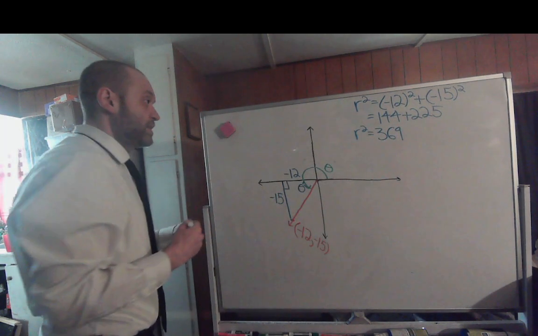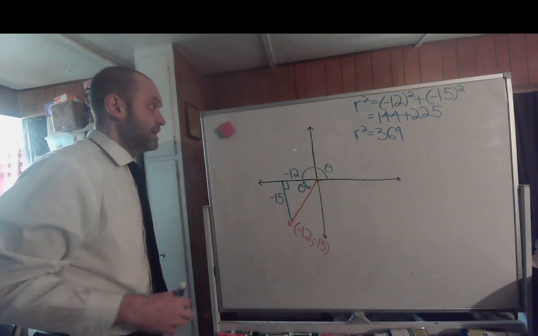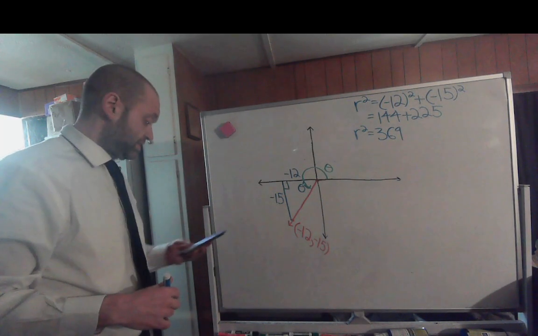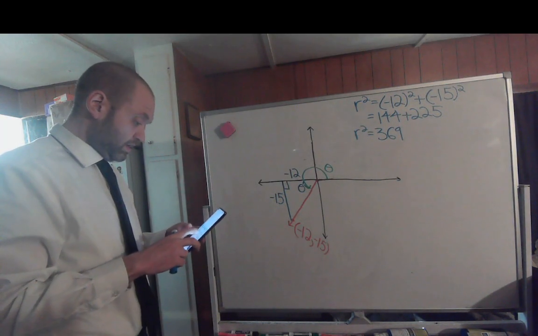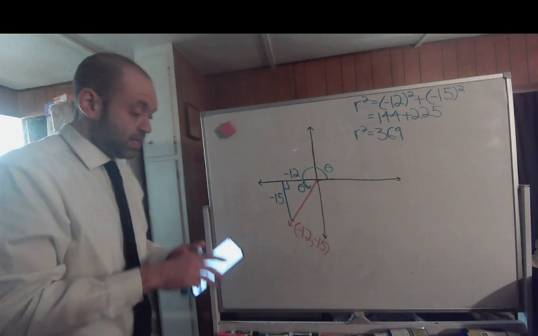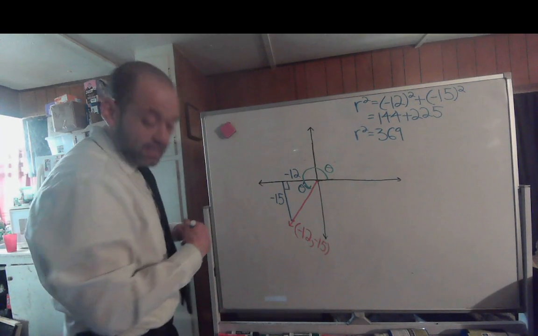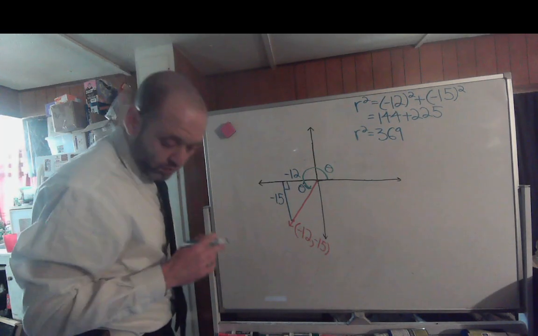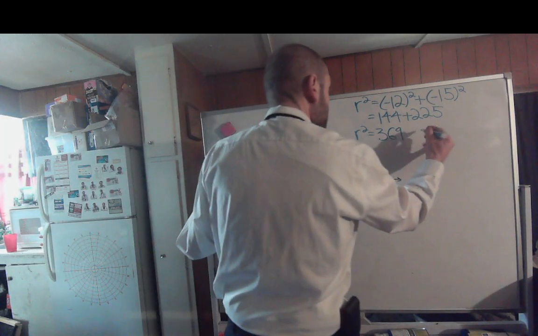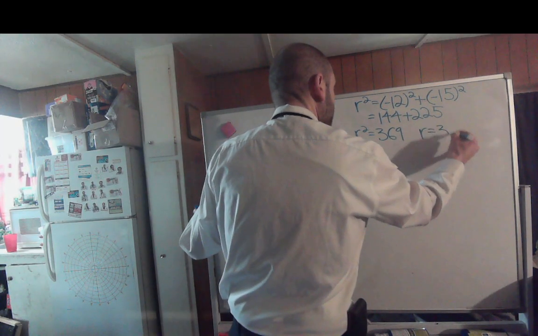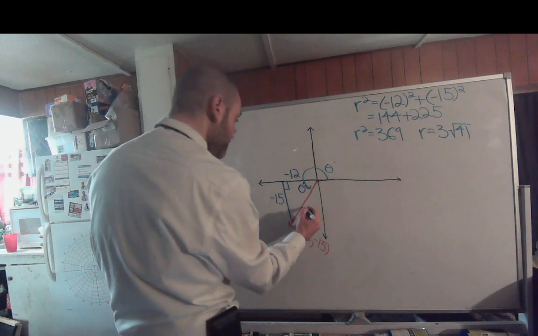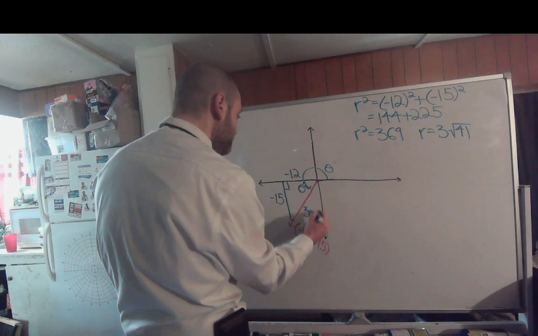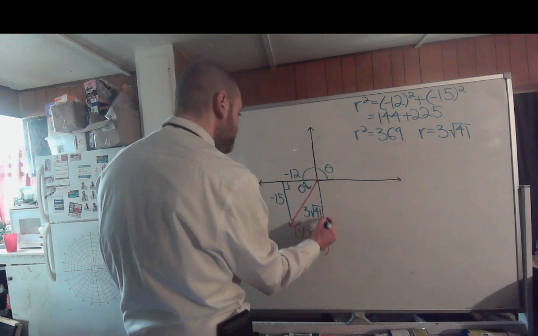Let's see if that 369 could break down any. I really hope it does, because that's probably going to be another awful one. It does a little bit. It breaks down into the square root of 9 times 41, so that means your radius will be equal to 3 times the square root of 41. So that's your radius is 3 times the square root of 41.